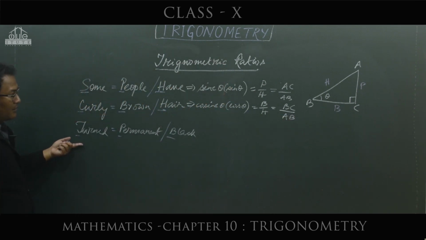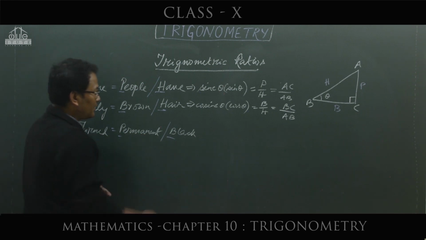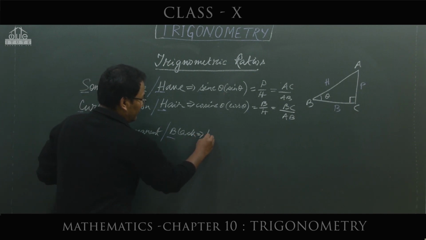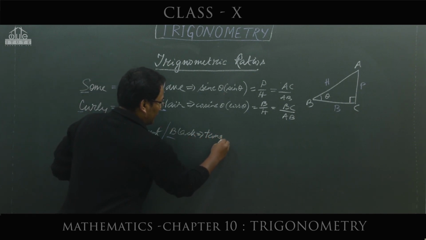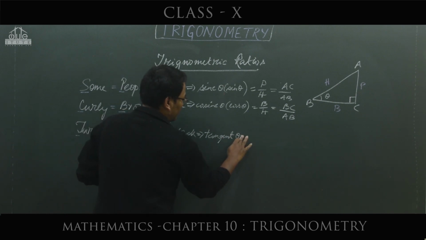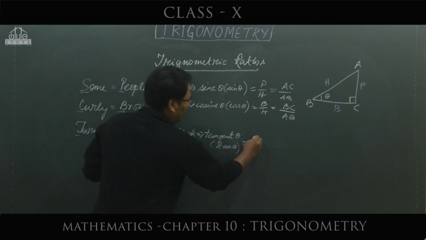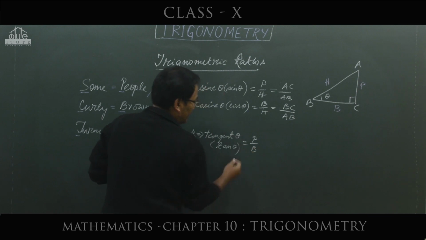Now the last part is turn permanent black. The initials are T, P and B. So this implies tangent theta. In short, you write it as tan theta. This will be equal to perpendicular by base.